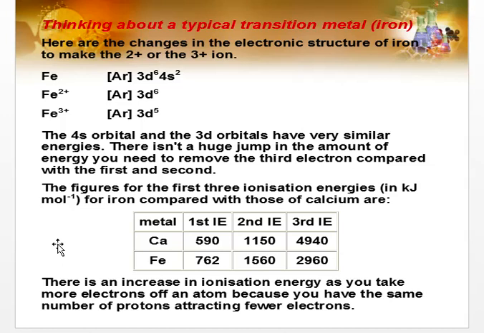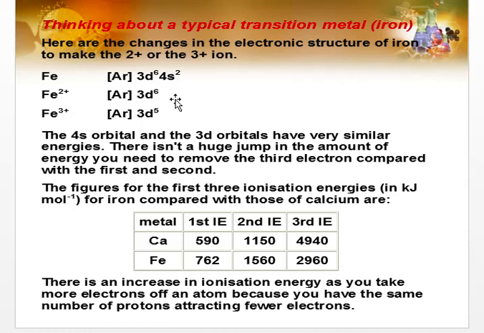When we talk about the iron triad, think of typical transition metals. Here are the changes in the electronic structure of iron to make the 2+ or the 3+ ion. The ferrum atom has the electronic configuration 3d6 4s2.